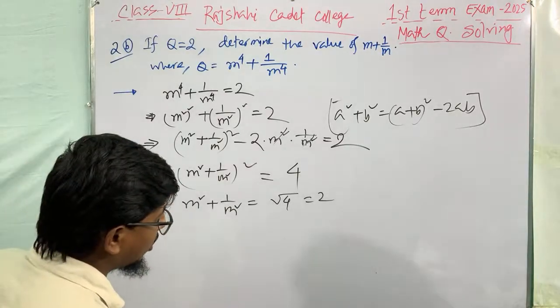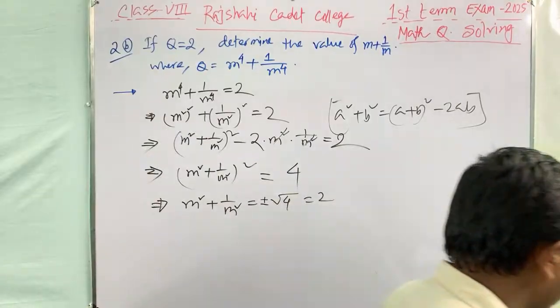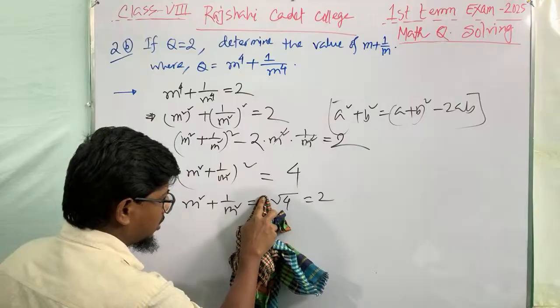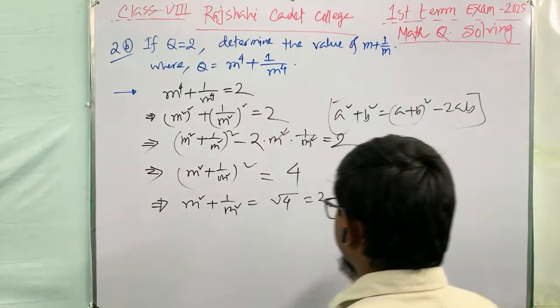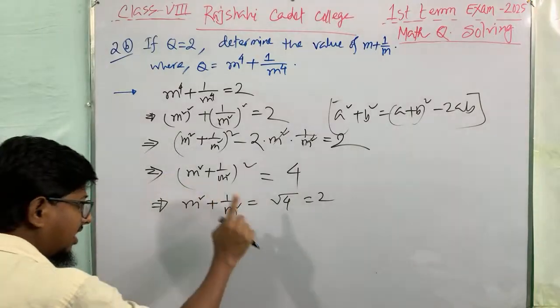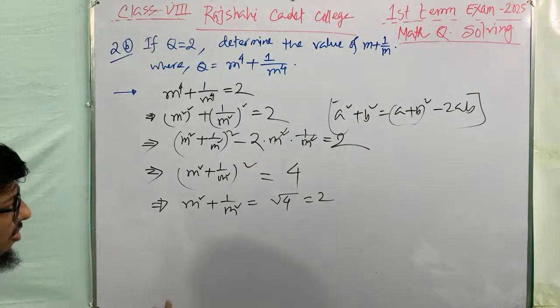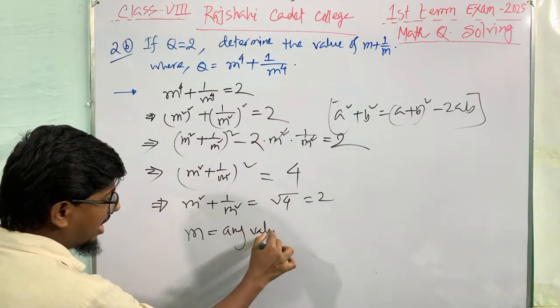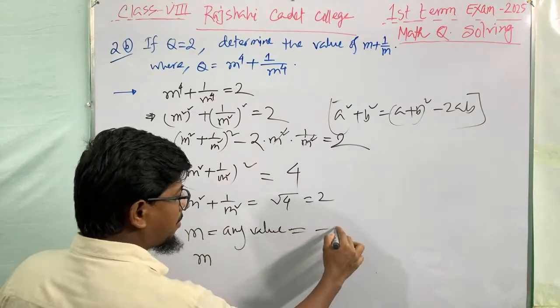And also you have to remember that this is not going to be plus minus root 4. Okay, the minus value is not allowed. Whenever we take square root, we introduce plus minus, but here the minus value is not allowed, because m can be any value. It can be positive, negative.